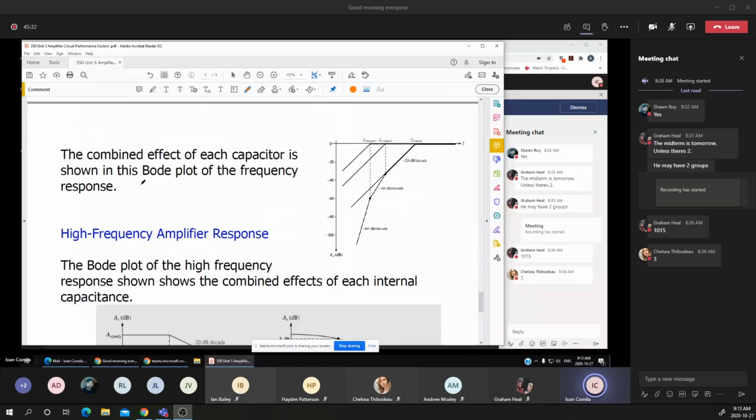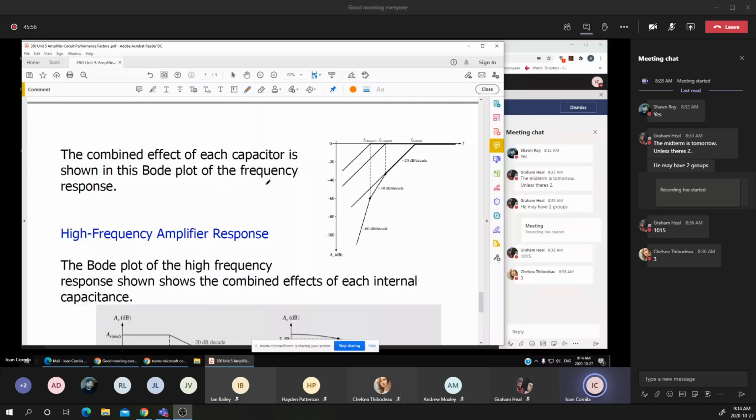plot, or the analysis of the AC behavior of a circuit from a low frequency to a high frequency. These plots are mostly referred to as a Bode plot or Bode analysis.